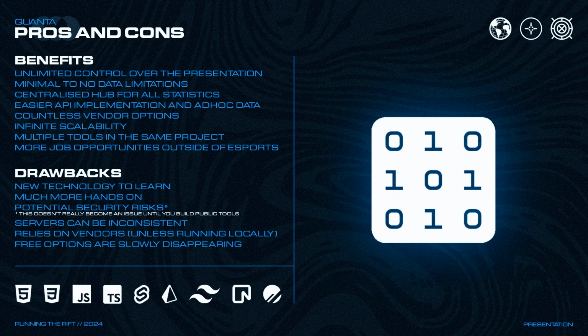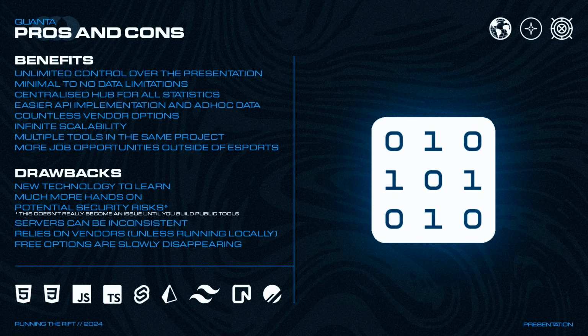You need to protect your database schema from like SQL injections. You need to make sure that you're not leaking any data. So it can be quite a hassle, but it doesn't really become an issue until you build like public tools, and then it's something you have to think about.